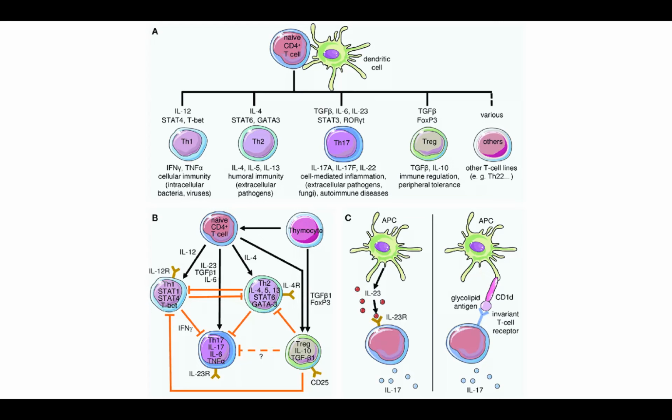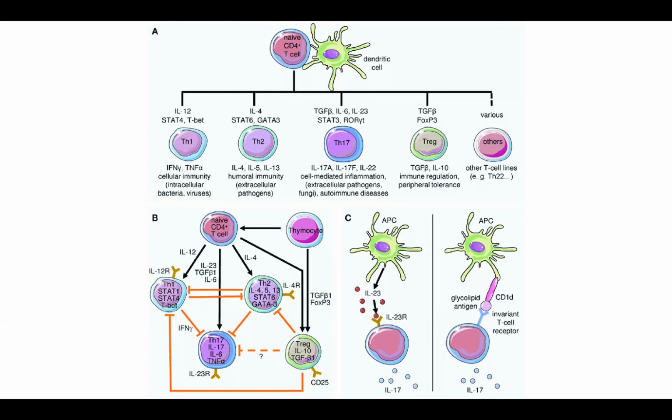And there is a suppression of Th2 by Th1, and there's a suppression of Th1 by Th2. All right, so you can kind of see that there's this interplay, and then Treg can directly inhibit Th1 and Th2.